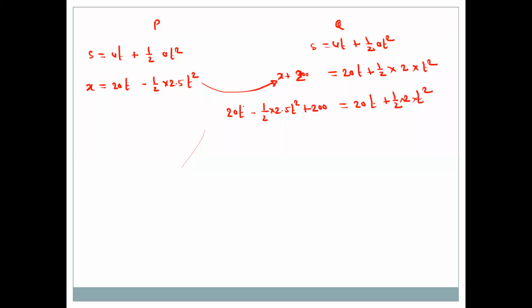Okay. So this 20t we can cancel out. So remaining value here, this is 2.5 divided by 2. So this is 1.25 t square. So this is minus 1.25 t square plus 200, and this is equal to t square.